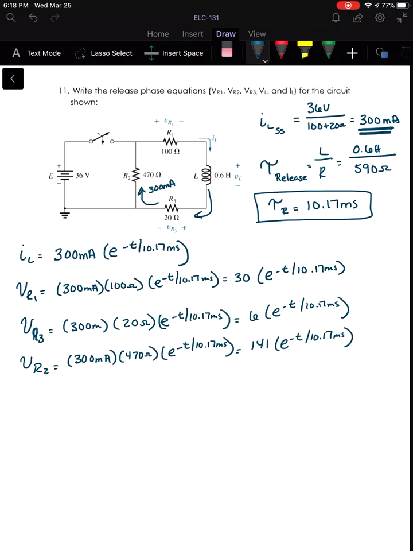So that's where we're starting. So I'm going to draw these in. I'll put green here. So we've got a drop of 141 volts initially, a drop of 30 volts, and a drop of 6 volts.